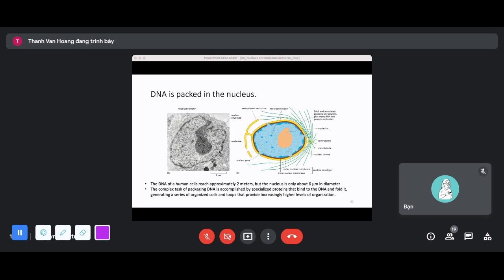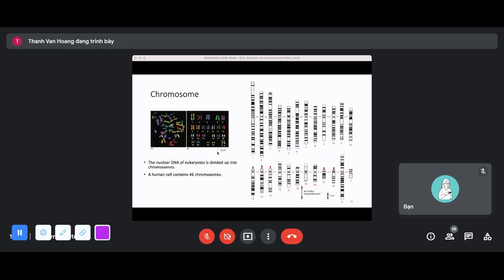And this is why we know about chromosomes. So the human DNA is packed into how many chromosomes? 46.